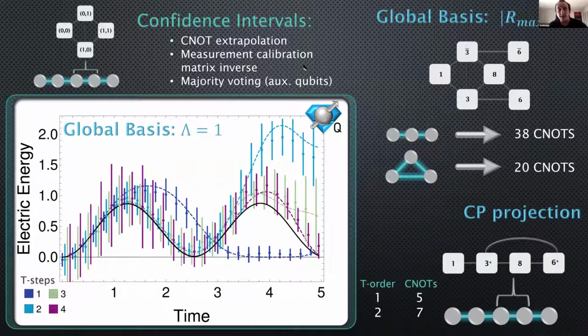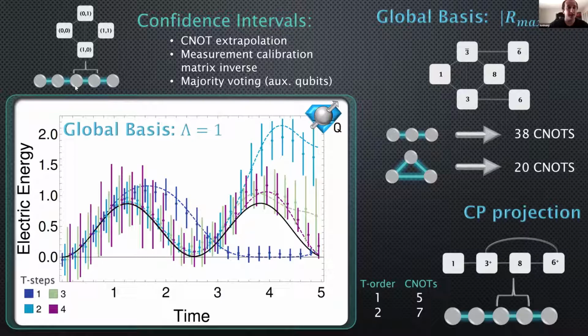I see there's a question in the chat asking what majority choice voting consists of. For the majority choice voting, we started with, say, for example, this qubit in the state 1, then we applied a CNOT to these 2 qubits. If there is no noise in the process, we measure these qubits to be in state 1, 1, 1.